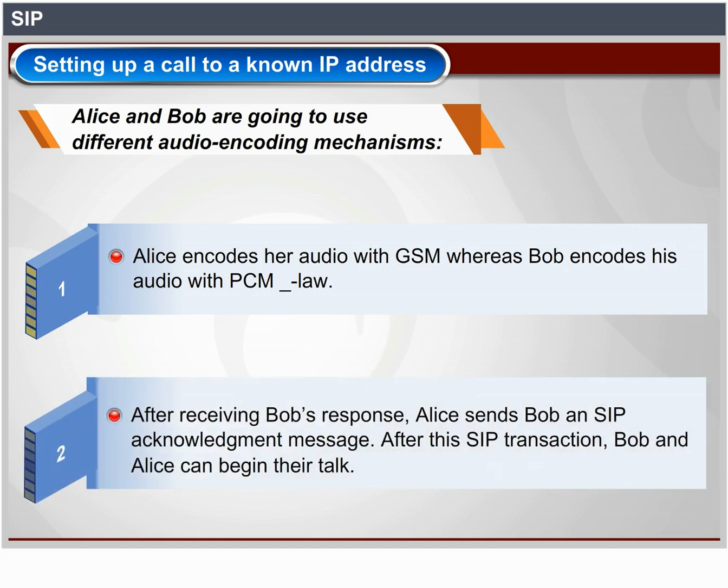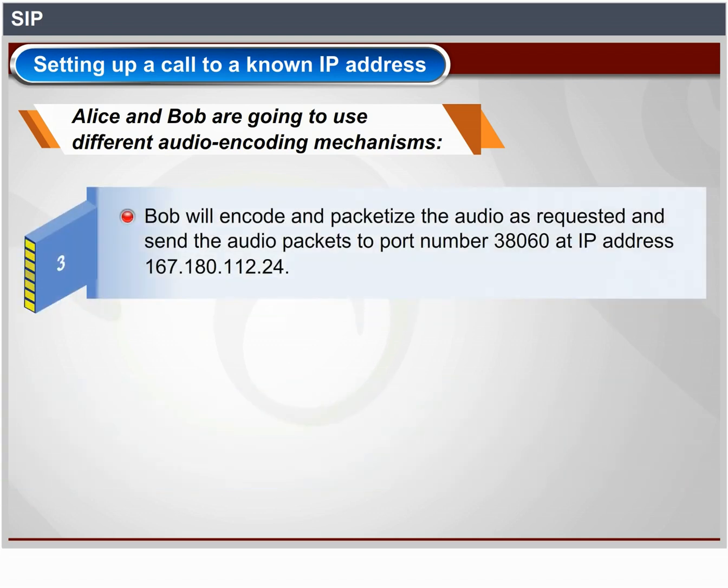After receiving Bob's response, Alice sends Bob an SIP acknowledgement message. After this SIP transaction, Bob and Alice can talk. Bob will encode and packetize the audio as requested and send the audio packets to port number 38060 at IP address 167.180.112.24.